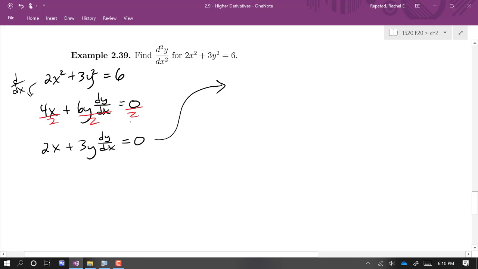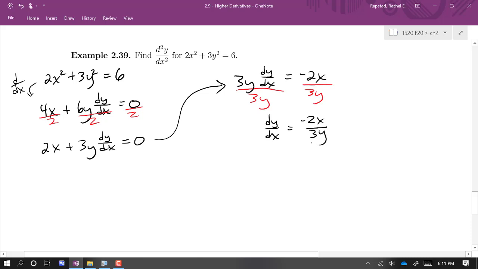If I rearrange that equation, we get 3y dy/dx equals a negative 2x. And then we just divide by 3y. So here's an expression for the first derivative.